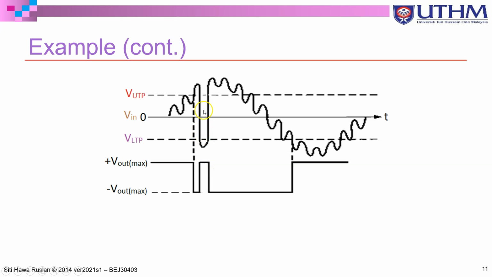But it is unlikely to have noise with such amplitude. Usually we know the amplitude of the noise, so we can choose the right values of R1, R2 to choose suitable values for V upper threshold and V lower threshold point. So this can be avoided because V hysteresis right here usually is very large.